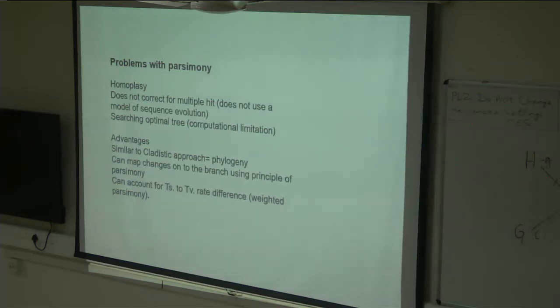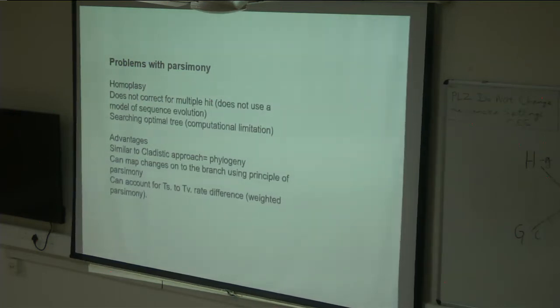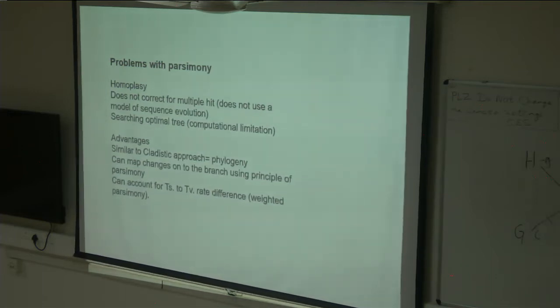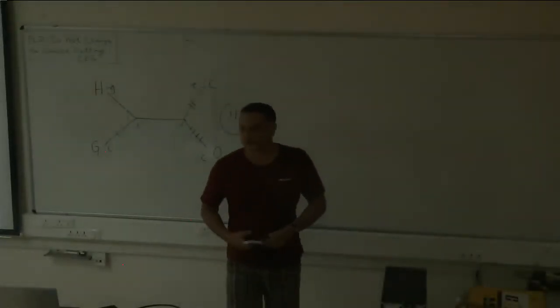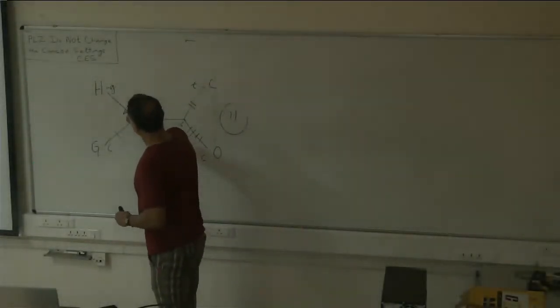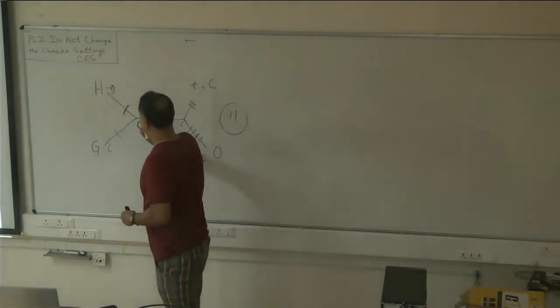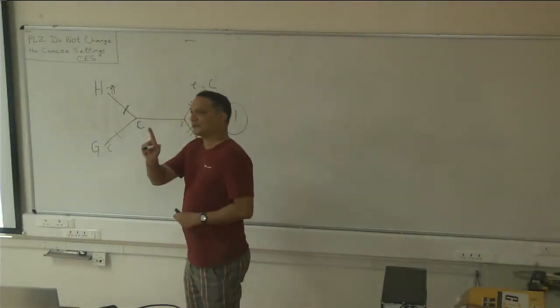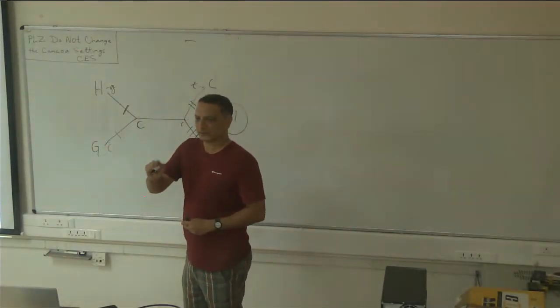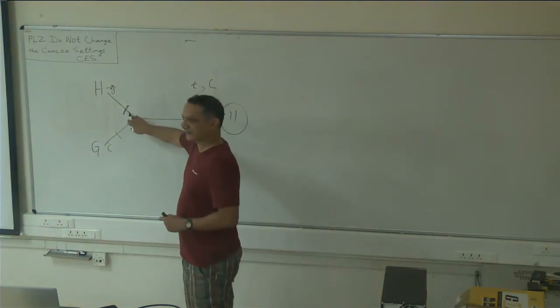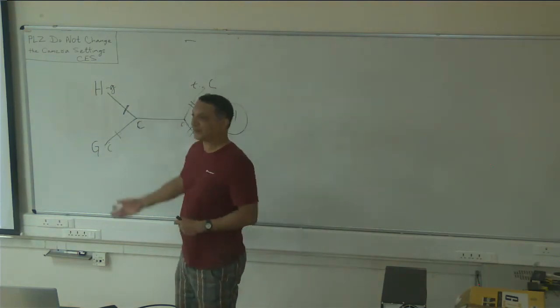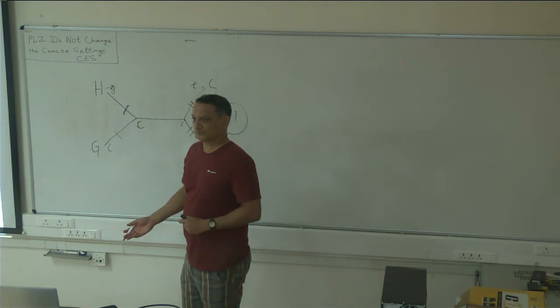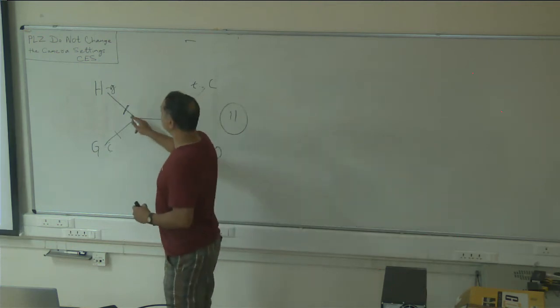Okay. Now what you can do is, because transversions are very rare, let's say there's only one change, C to a G. Now you're counting it as only one change. But transversions are very rare. Transitions happen 8 times more often. So what you do is you weigh this more.